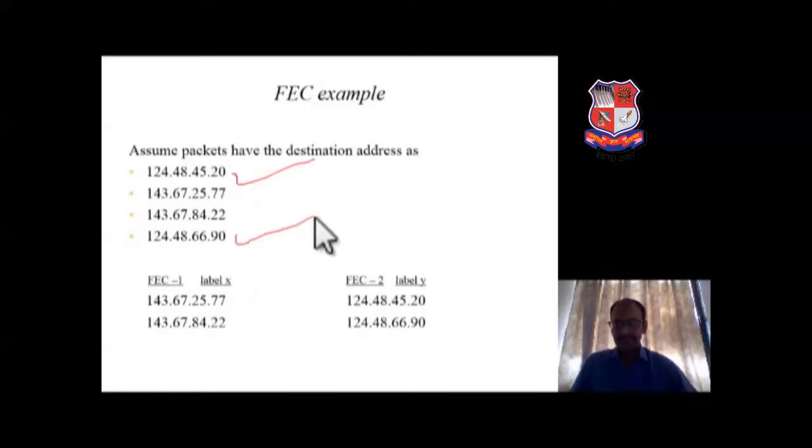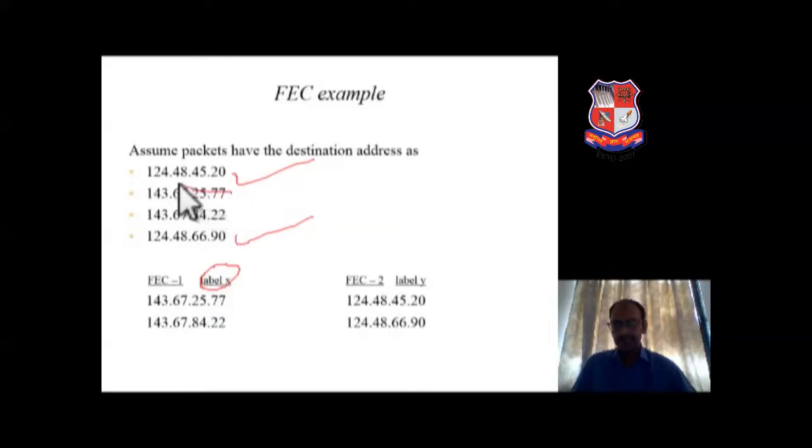The reason I'm looking at this is that the first 2 octets of this destination address are similar, and assuming that this prefix is one of the parameters for assigning a label, if this prefix is similar, then we give the same label, and that is the label X.